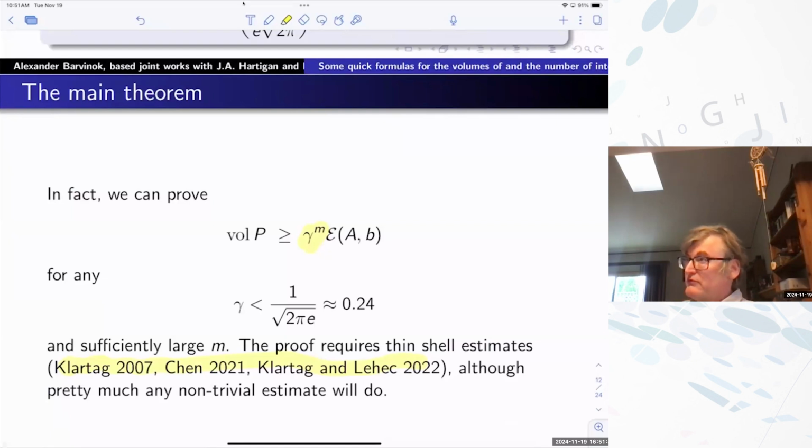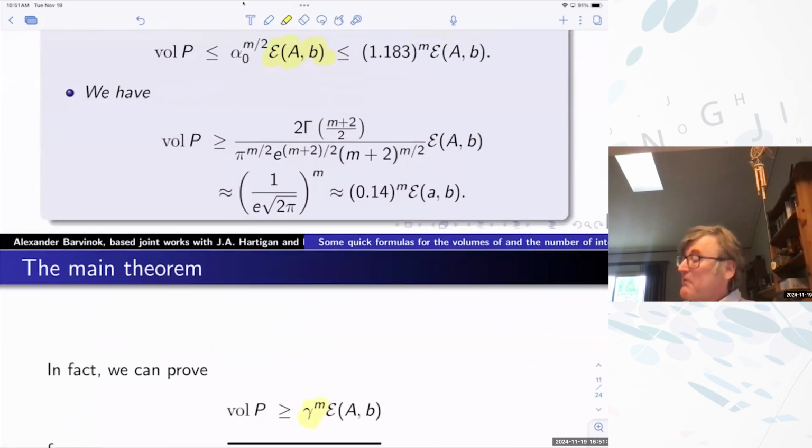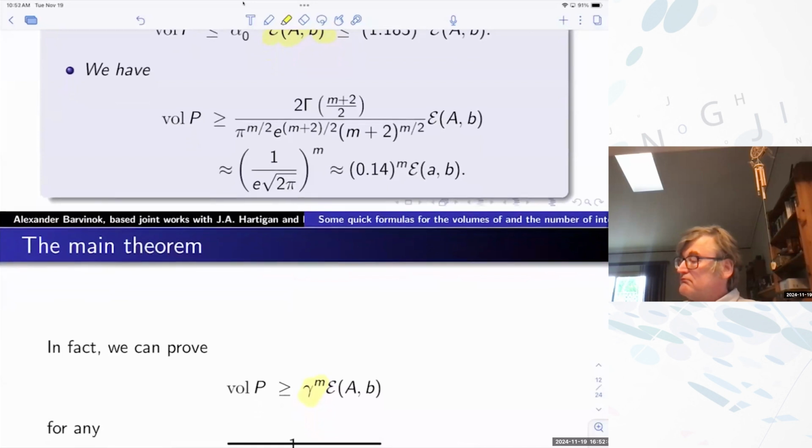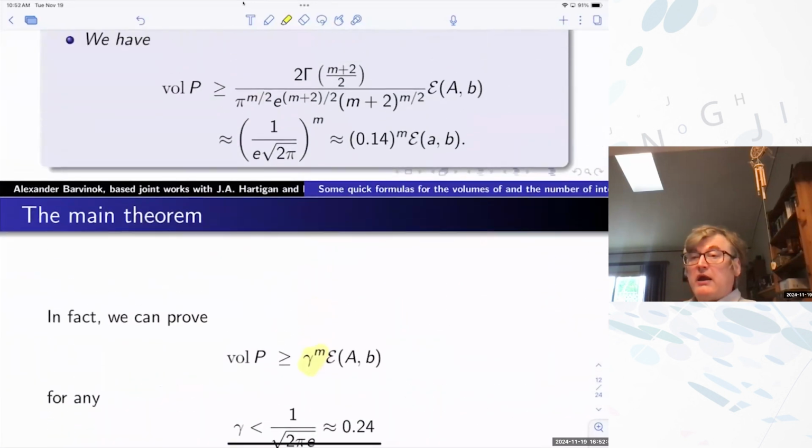So that's also related, of course, to the slicing conjecture by Bourgain. Any progress there improves the constant a little bit. But to get some constant, you don't need much. It's really some kind of general argument from convex geometry. And now I'd like to talk about the proof, the meaning of this formula, and also relate it to statistical physics.